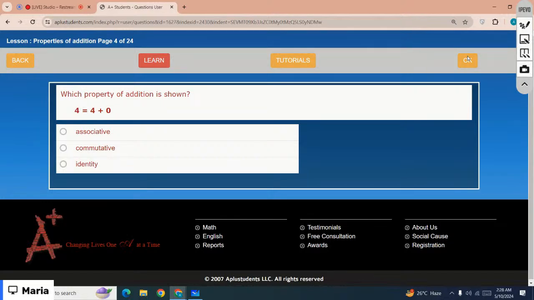4 equals 4 plus 0. That is the identity. When you add 0 to any number, the number is exactly the same, right?